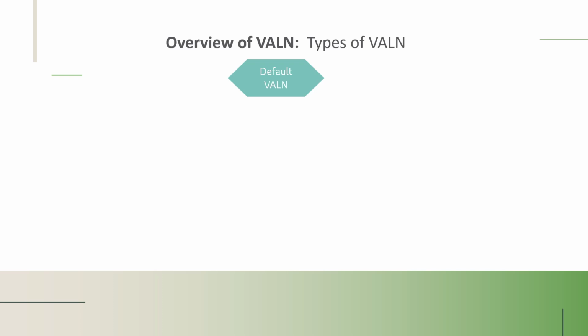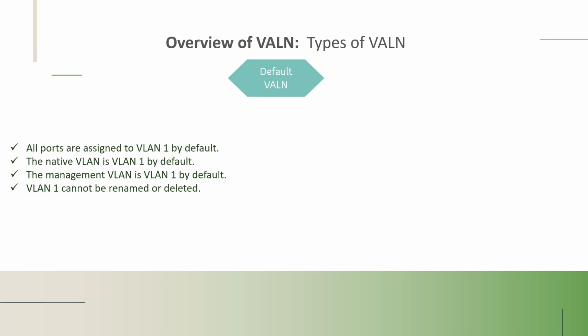And by default, all the layer 2 control traffic is associated with this VLAN. Important facts for VLAN 1: all the ports are assigned to VLAN 1 by default, the native VLAN is VLAN 1 by default, and the management VLAN is VLAN 1 by default, and VLAN 1 cannot be renamed or deleted.